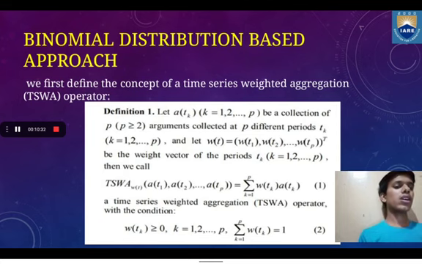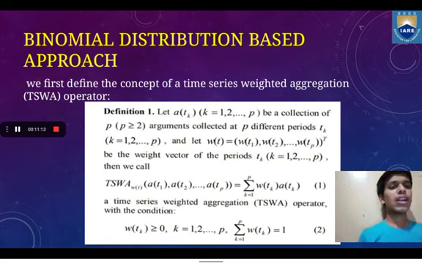We are going to assume A(t_k), where k has values 1, 2, 3 up to p, is a collection of p arguments, where p is greater than or equal to 2, collected at p different periods t_k, where k again takes the values 1 to p. Let w(t) = (w(t1), w(t2), w(t3), ..., w(tp))^T be the weight vector of the periods t_k.